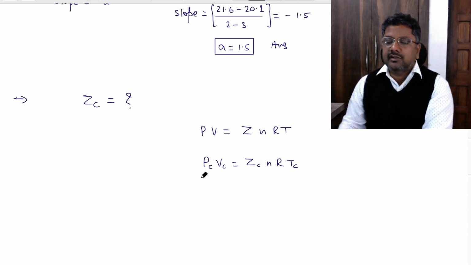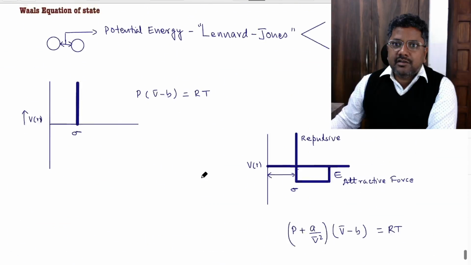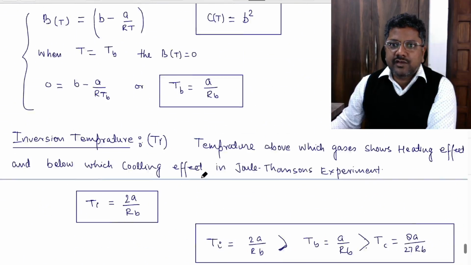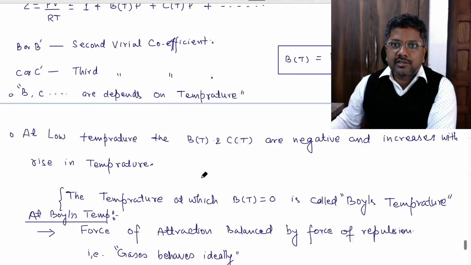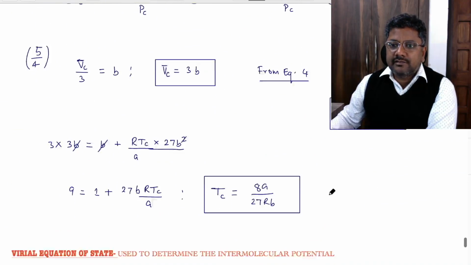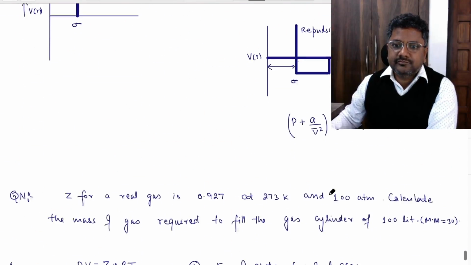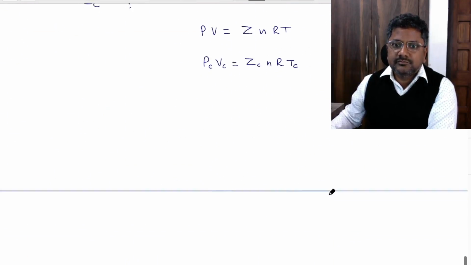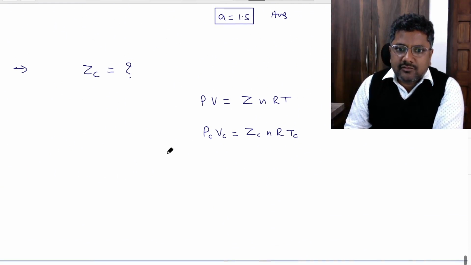So PC is equal to A by 27 B square. What is PC? A by 27 B square.